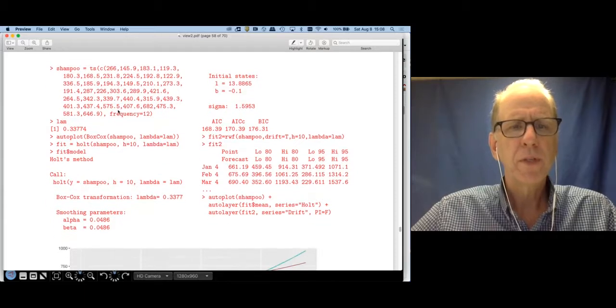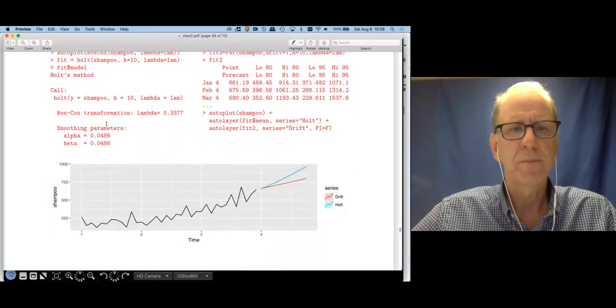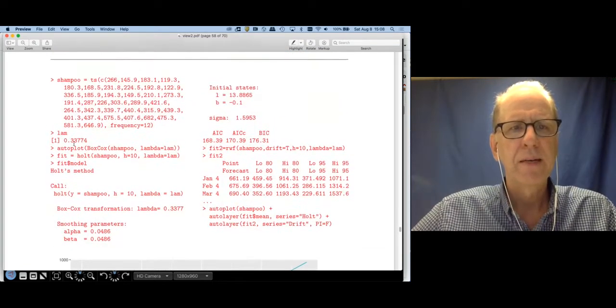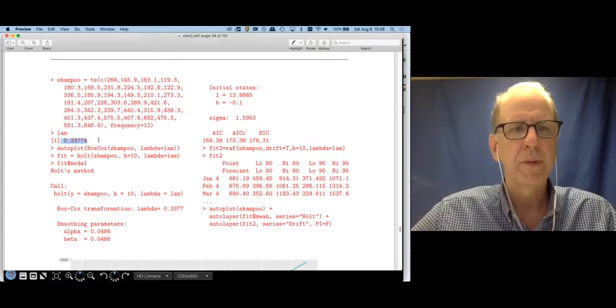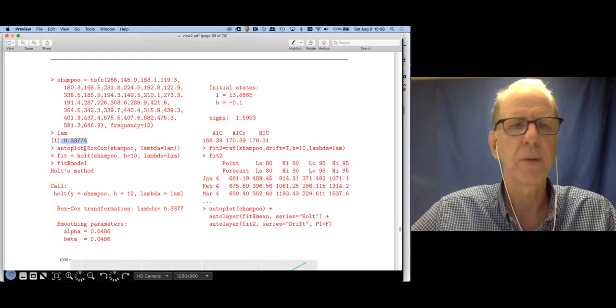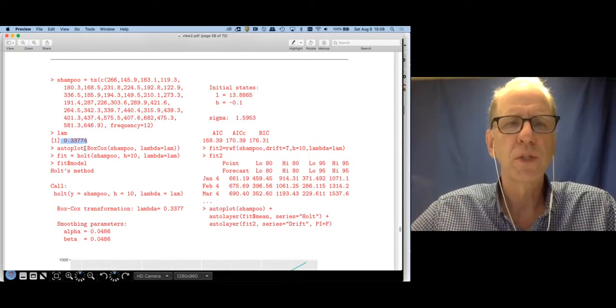The first thing I see when I look at the data is we actually need a little bit of a Box-Cox transformation. It doesn't quite require a log, but this lambda was computed with the BoxCox.lambda function. So I'm just going to use that throughout the example.